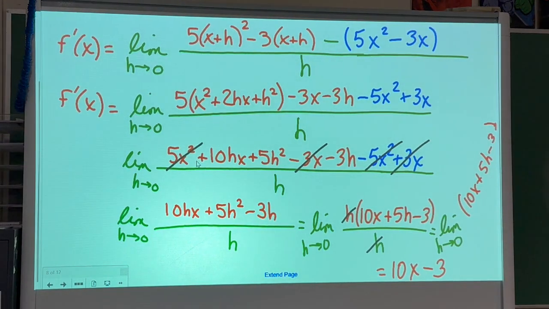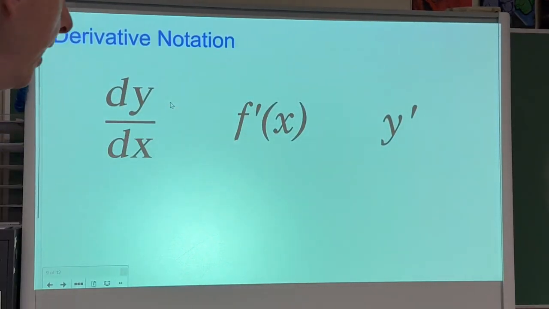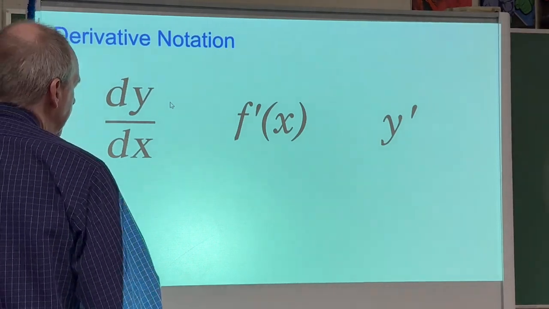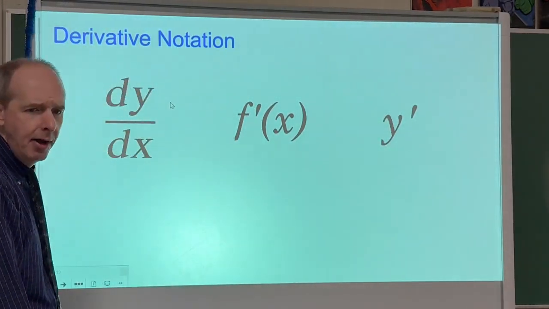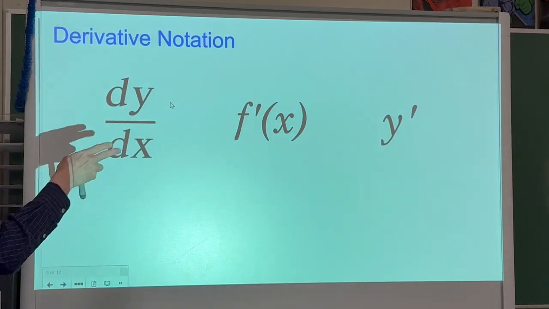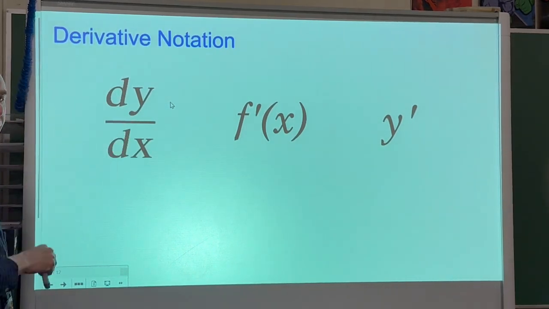In other words, if I pick a point and I plug in my x value, I have the slope at that point. Derivative notation could be represented as f prime of x. If we're not using f of x, we're using y, you would see y prime, or you can also see the derivative of y with respect to x, dy dx.